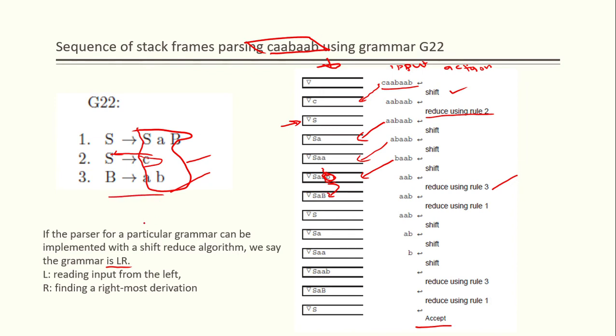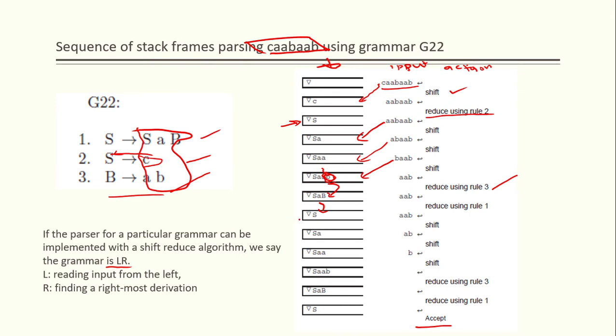Done. After you have done that, you can check it again. Inside your stack, you now have SAB. Is it the same as the right-hand side of your grammar? Yes, which is rule number 1. SAB can be reduced to S. So what you do is reduce using rule 1, replacing SAB with S.